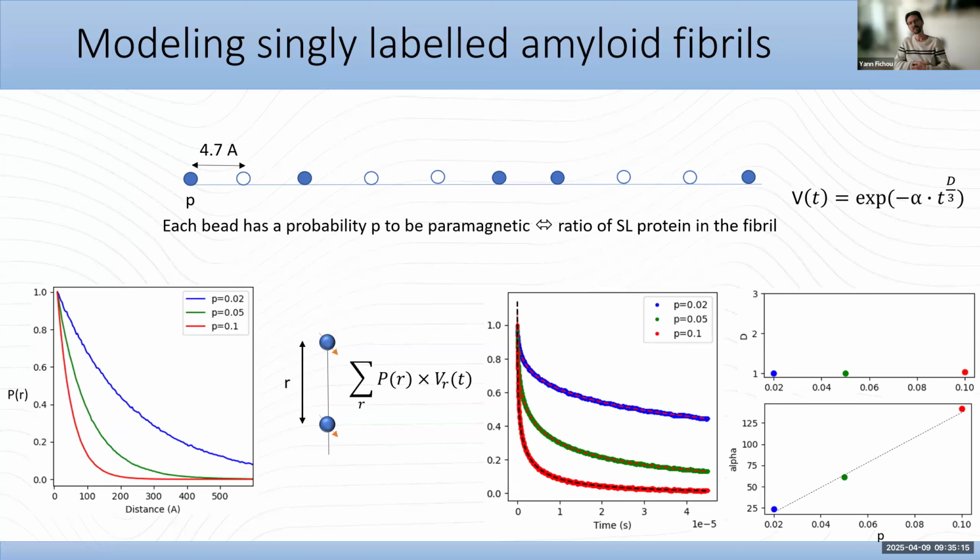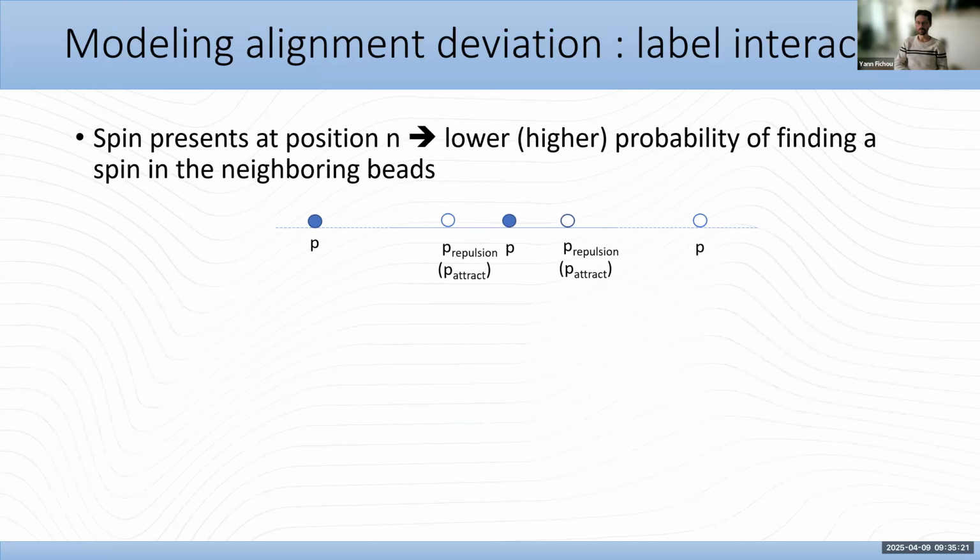So with that, we can test different hypotheses. One major hypothesis we had is that maybe the spins are not randomly distributed, in particular if the spins interact with each other. You could see two ways of interacting.